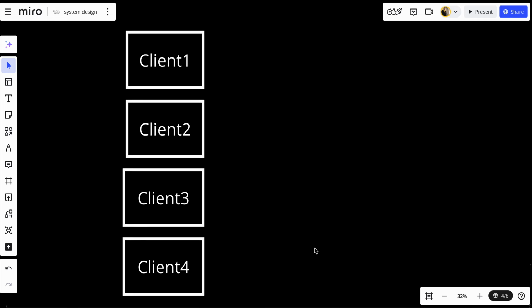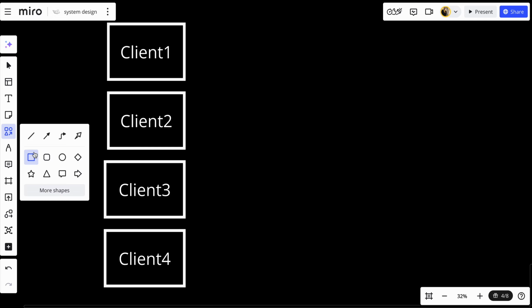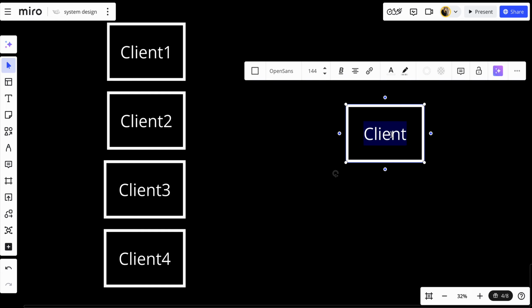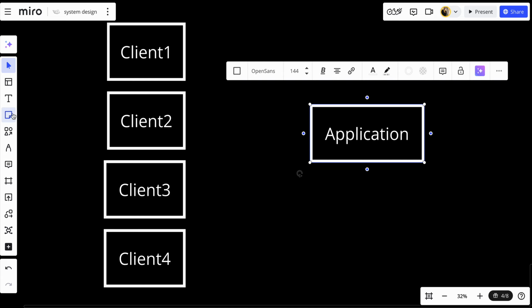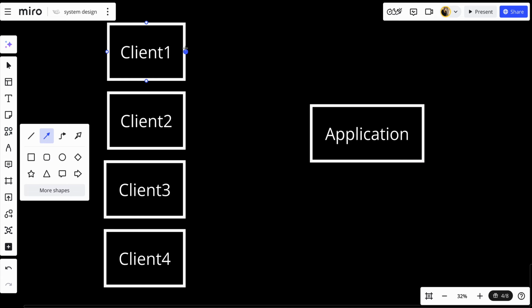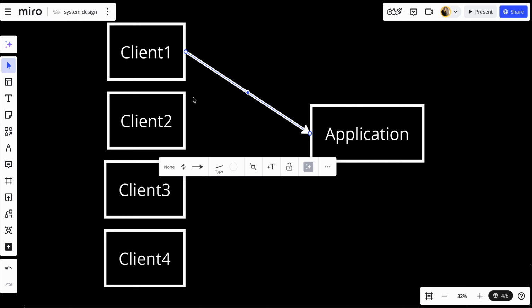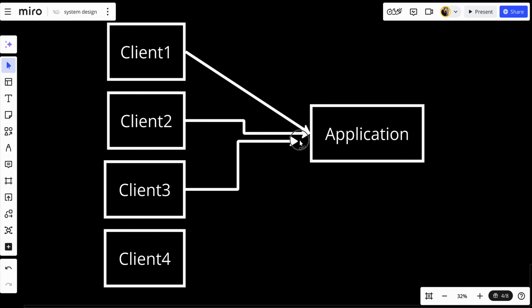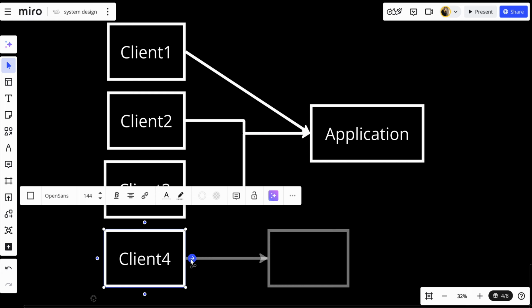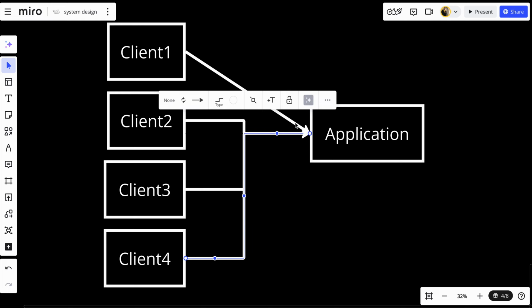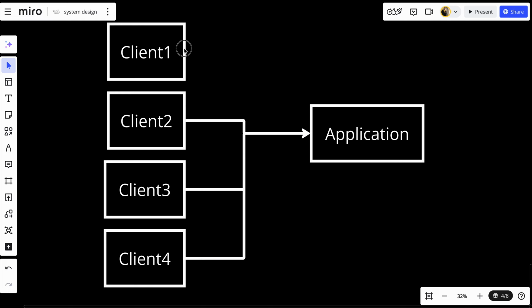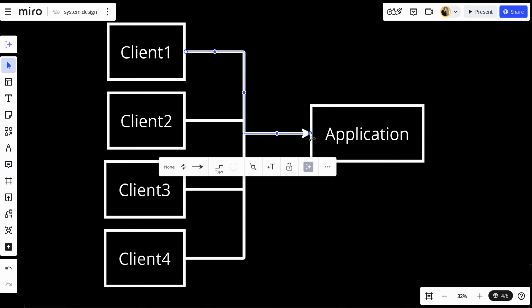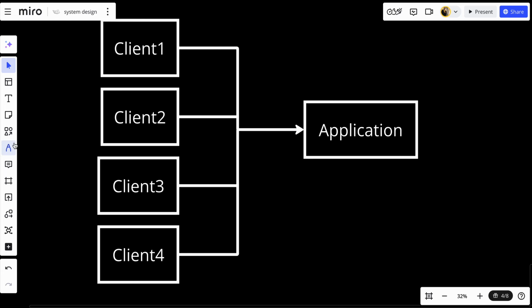These clients are sending requests to our application. And let's assume that our application might sometimes have strong consistency and other times could have eventual consistency. Let's do it like that. Let's assume that right now our application has strong consistency.